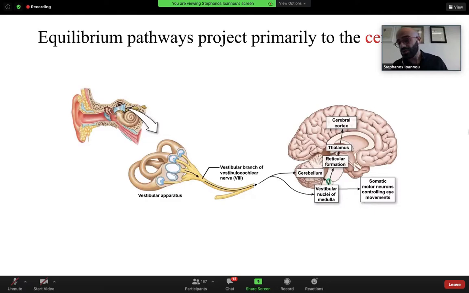Later on, it projects to the reticular formation that mainly governs somatic neurons controlling eye movement. So, if you're moving rapidly throughout space and time, then the semicircular canals and the otolithic organs are the ones that will be responsible for the correct positioning of your eyes in space.